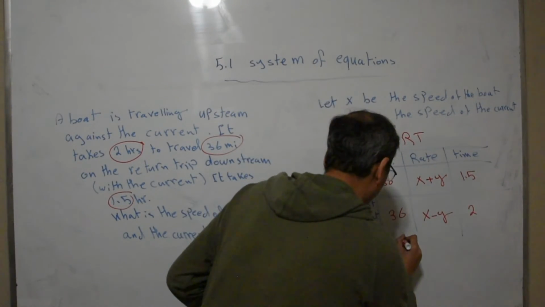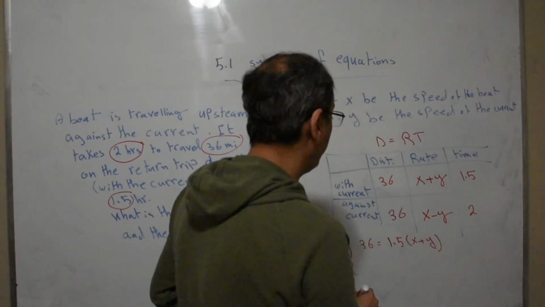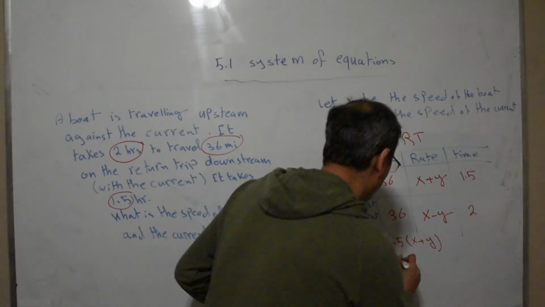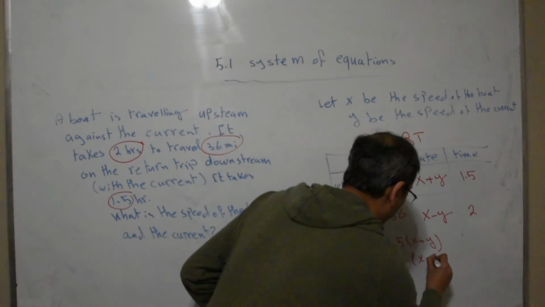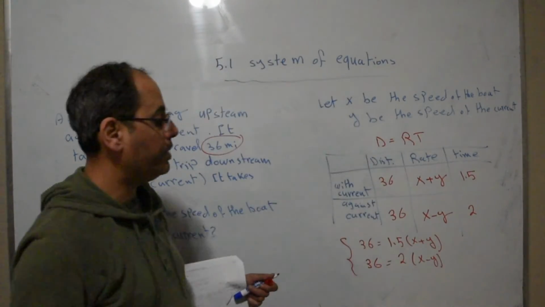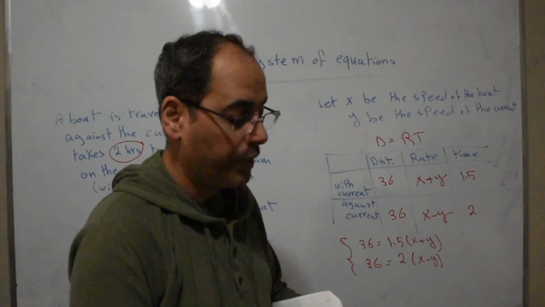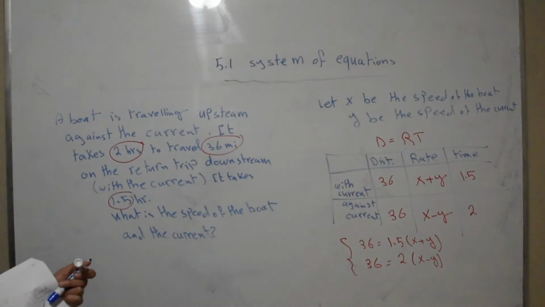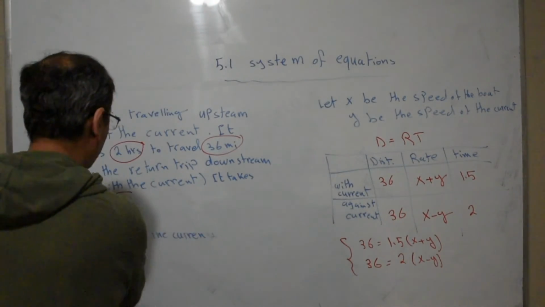It is 1.5 times x plus y. And the second equation, 36 again, equals 2 times x minus y. Here's my system. And now I need to solve for x and y. I think this is clear, and I don't think it's hard, but let's work on that.